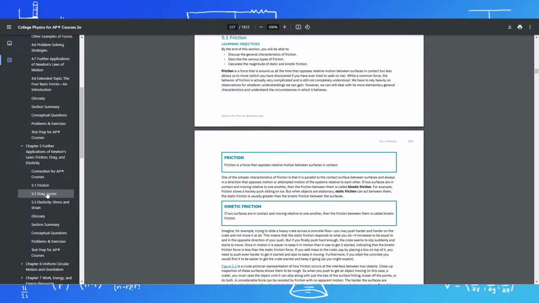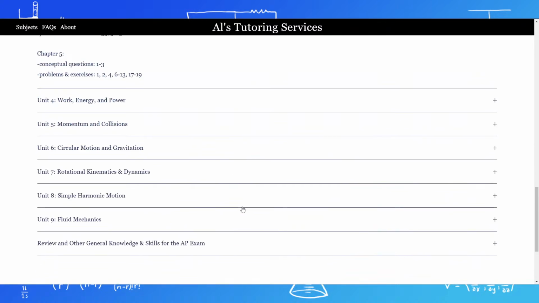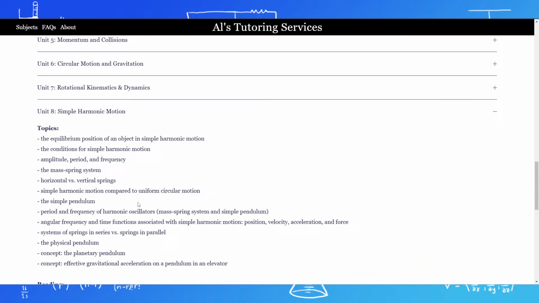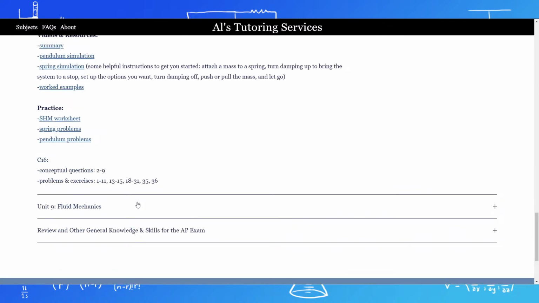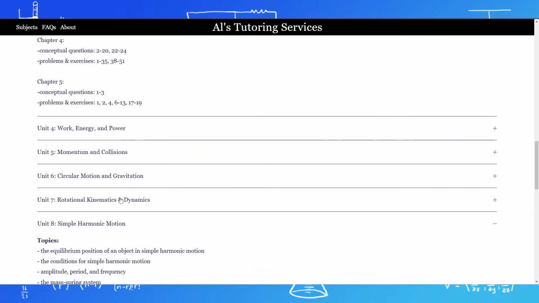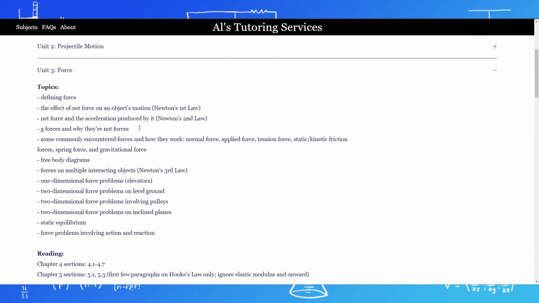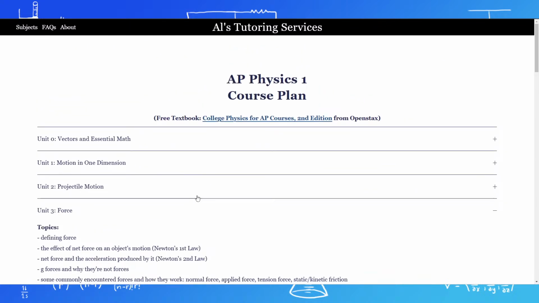Once we get to the end of simple harmonic motion, that is where Physics 1 and Physics C will diverge. So for Physics 1, we're going to carry on with fluid mechanics. For Physics C, we're going to start reviewing everything, but with calculus.